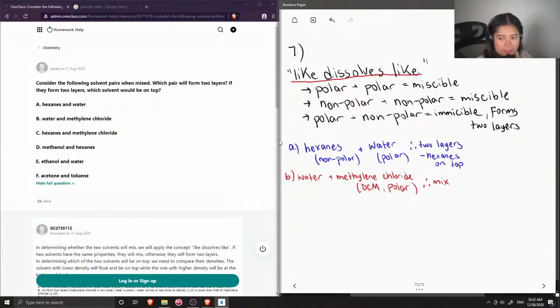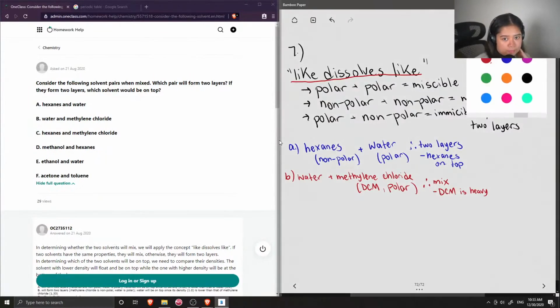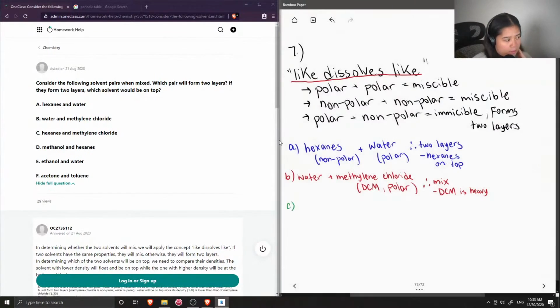But typically DCM is heavier, so if it is left sitting there for a long time, it might sink to the bottom. It depends on the situation, but typically because methylene chloride is polar, they would mix. So it's one of those tricky compounds.